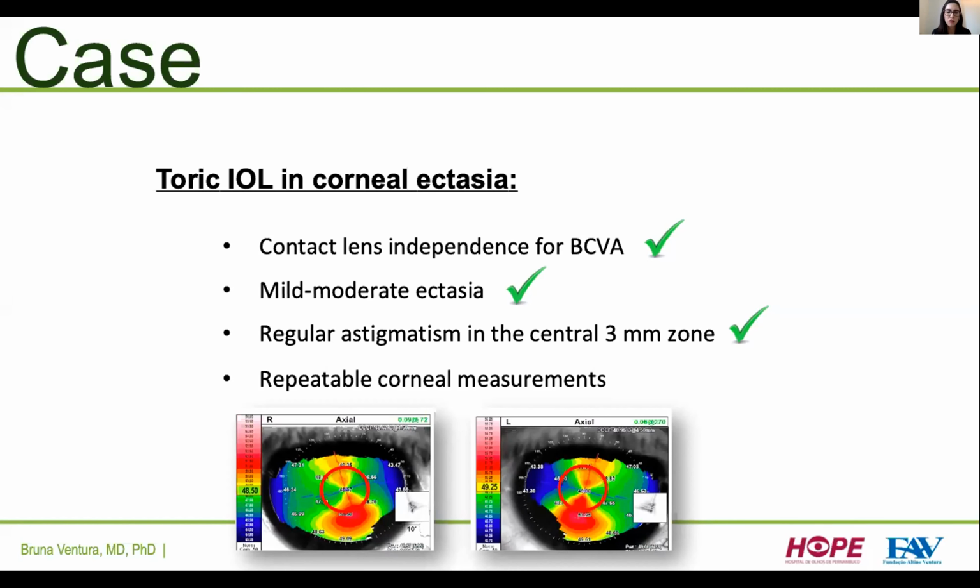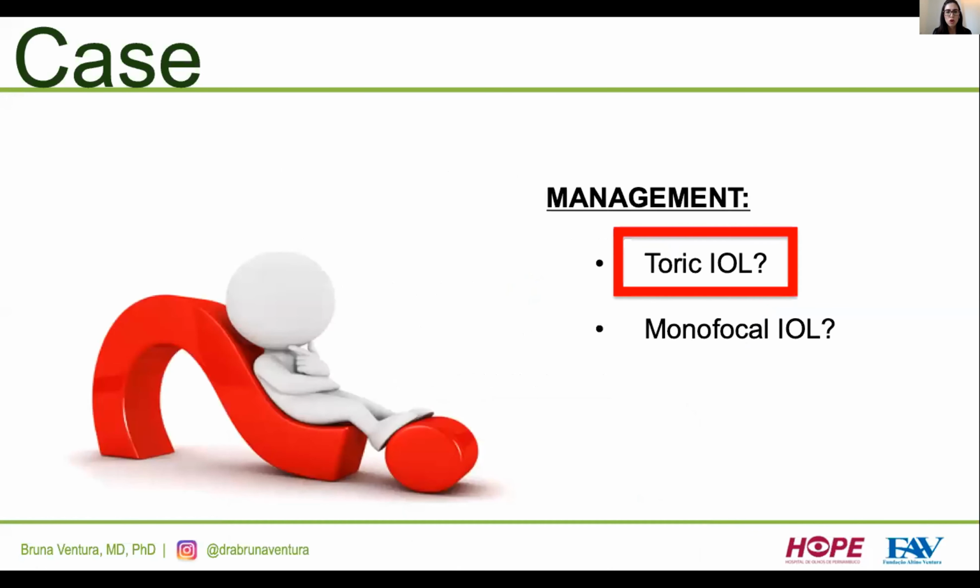She never depended on contact lenses. She had a moderate ectasia, and she had regular astigmatism that we can see here in the topography in the right and in the left eye, how her central part of the cornea has a regular bow tie astigmatism, even though she has the corneal ectasia. With regards to the repeatable corneal measurements, she does have them. I'm going to show further ahead.